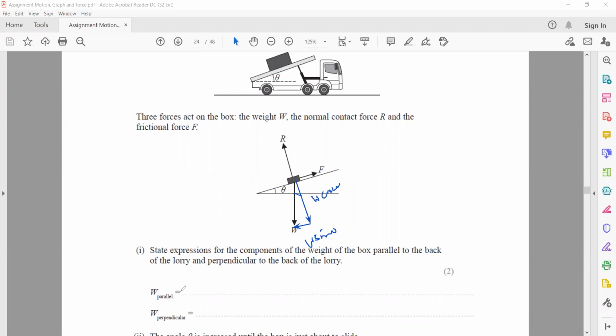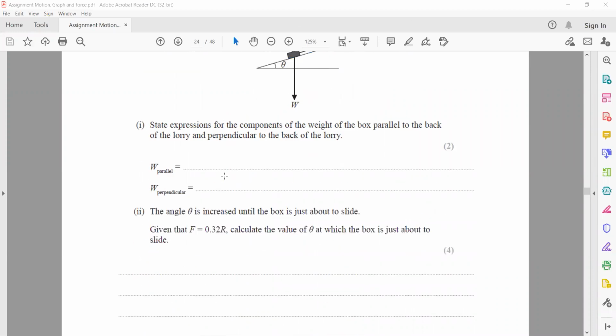So parallel to the back of the lorry, that is W sin theta, and perpendicular is W cos theta. Because they're asking parallel to the back of the lorry, the parallel component of the weight is W sin theta, and the perpendicular component is W cos theta.